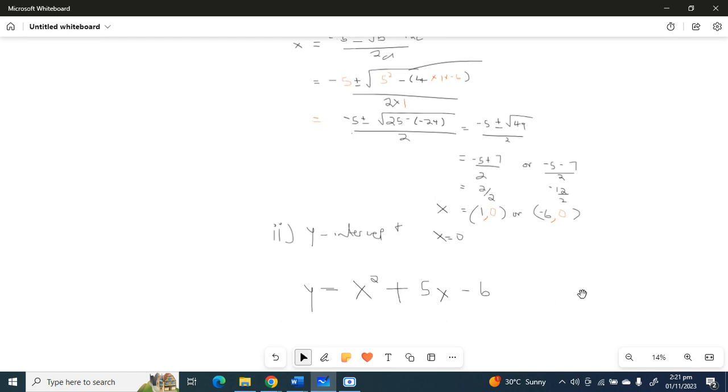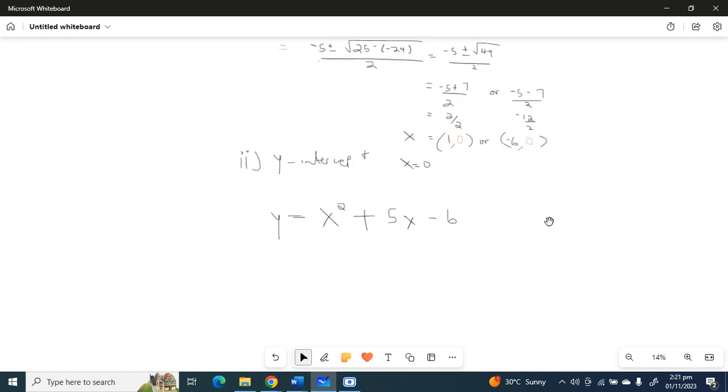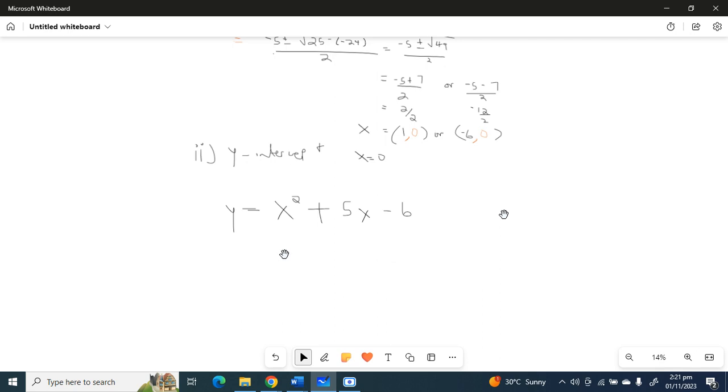Usually you can even just see the y-intercept by looking at the equation of the function. It's always the number without a letter. So here, even though you don't need to calculate, you can just say, oh, negative 6, that's our y-intercept.